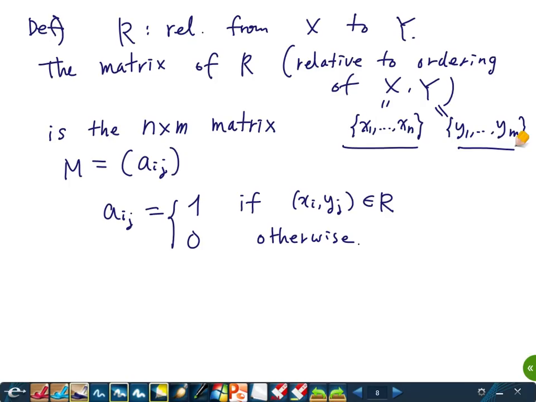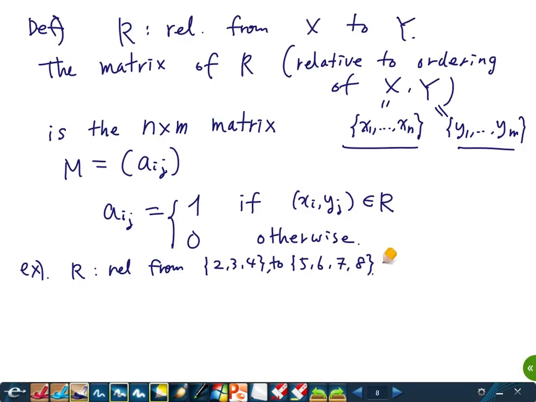For example, R is a relation from {2, 3, 4} to {5, 6, 7, 8}, say. The order we are using is just this order. If I don't say anything, just assume that the order is the order of the elements as written.